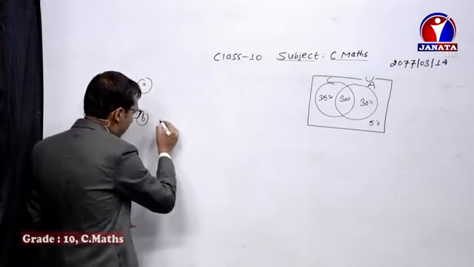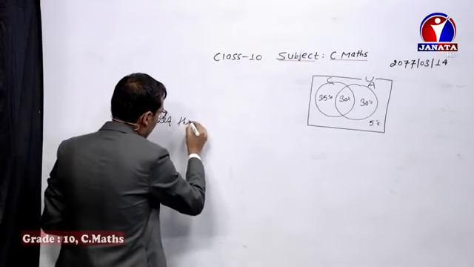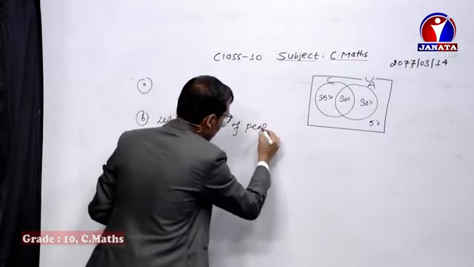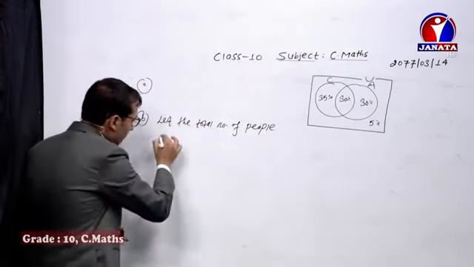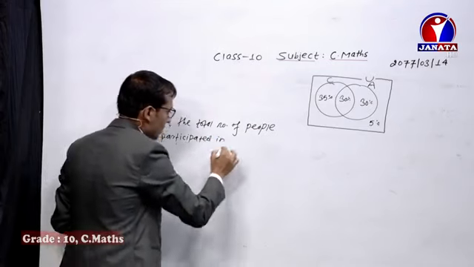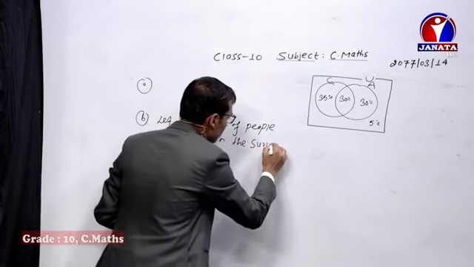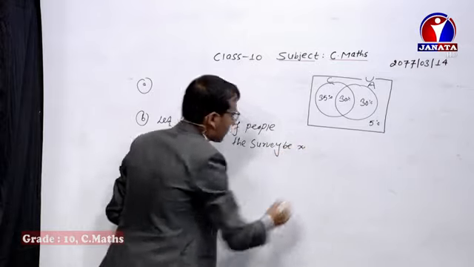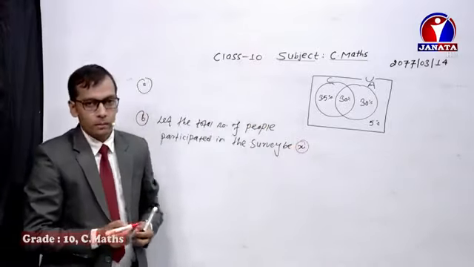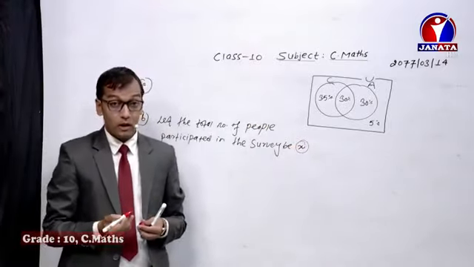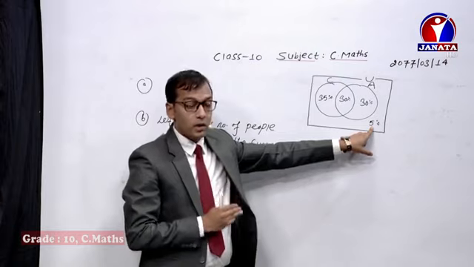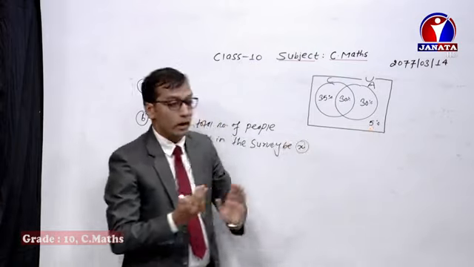So let the total number of people who participated in the survey be X. I am supposing there are a total of X people who participated in the survey. Now 5% is the complement, which is equivalent to 150.